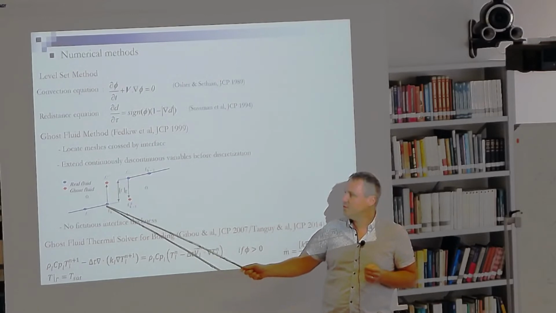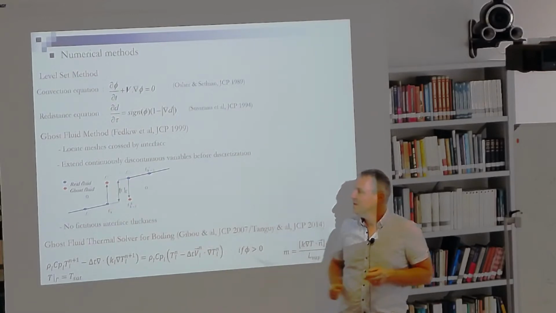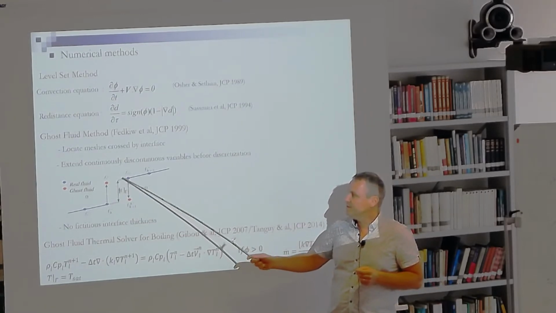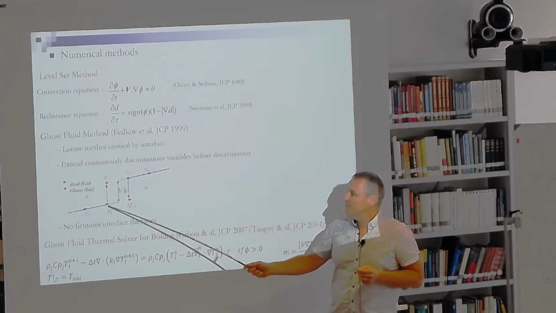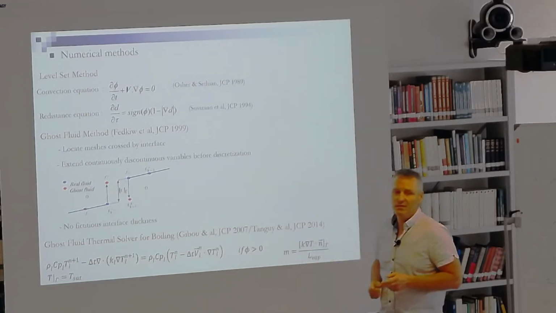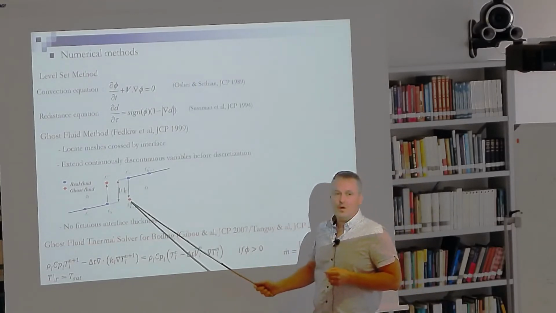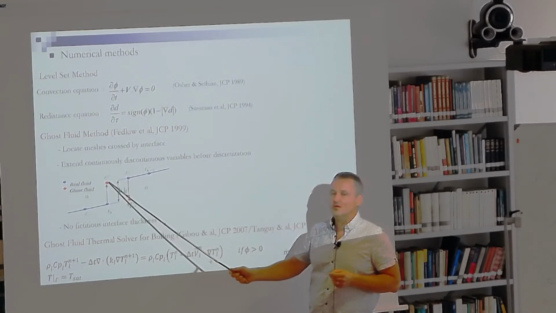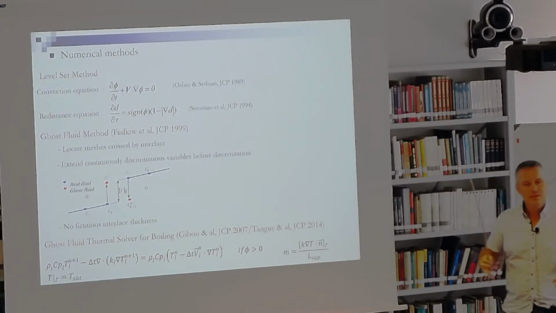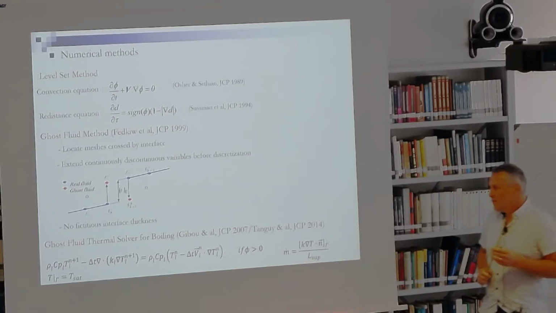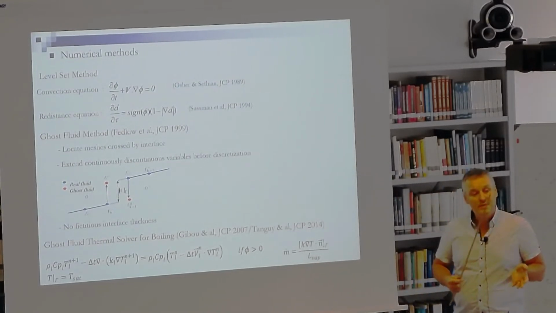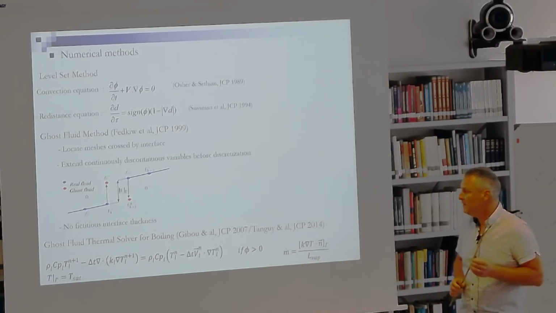For example, if you want to compute the derivative at this point, and you have an interface between these 2 points with a jump here, you will build an extrapolation of this function on the other side of the interface, and next you can compute your derivative with the ghost point here, to avoid defining a fictitious interface thickness.